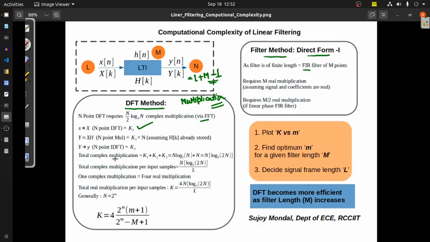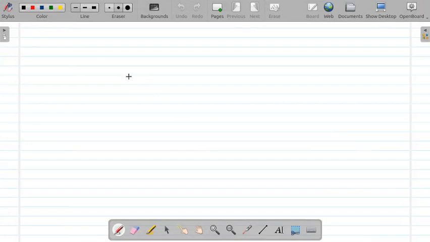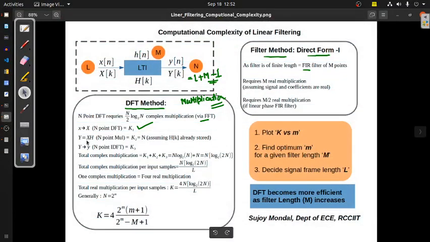So now what is the total complex multiplication required? Just the addition of these three numbers K1, K2, K3. K1 is equal to N/2 log2 N. K2 is the number of element-wise multiplications.